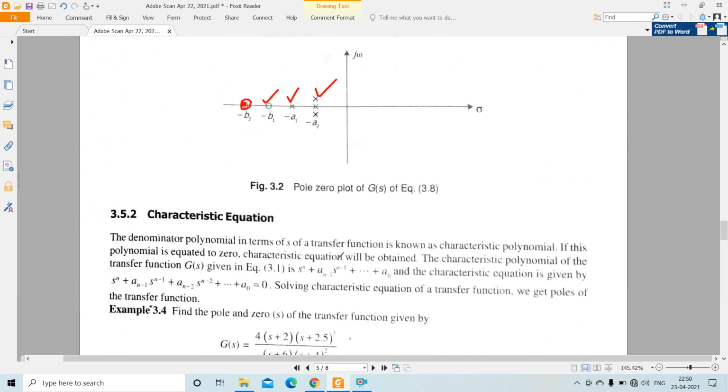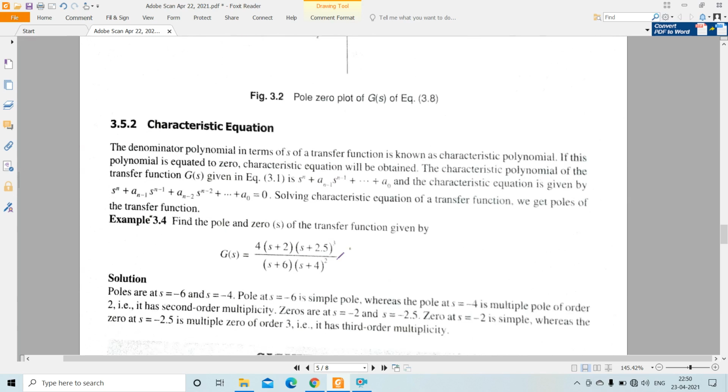Okay, and what is the characteristic equation? Characteristic equation means that if we take the denominator polynomial of the transfer function and equate it to 0, then this is represented as the characteristic equation. So here our characteristic equation is like this: a_n s^n plus a_(n-1) s^(n-1) plus a_(n-2) s^(n-2) plus up to a0 is equal to 0.